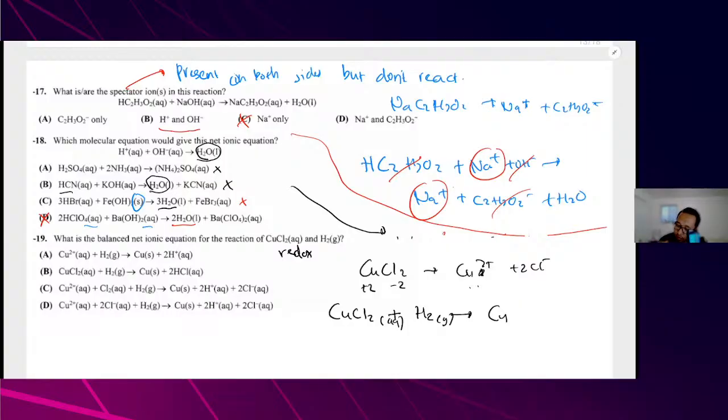And then for H2, it will be 2H+ and 2 electrons minus. Okay, so we can put the reaction in over here.